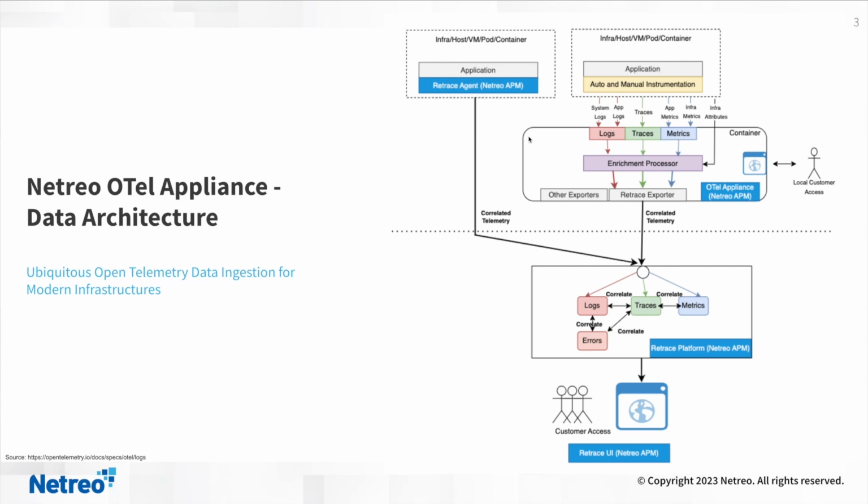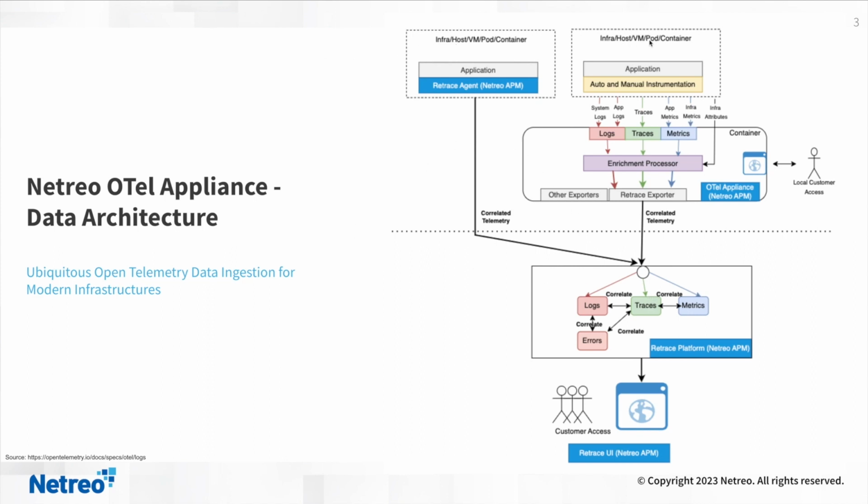There's going to be a collector out there in a container that contains the actual OTel appliance, and that is going to communicate with the Retrace platform to send up the logs, traces, and metrics and correlate all of them together as well as the errors, so that you can use them inside Retrace and get all those nice features that we want. So that's the general architecture right here.